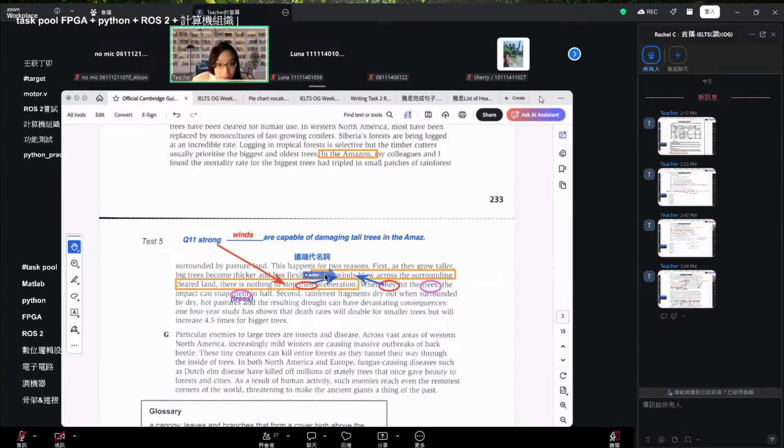Each one of them, when they say damaging them, means snap them in half. Okay, so we're just going to do this. Tall trees means them. Snap in half.